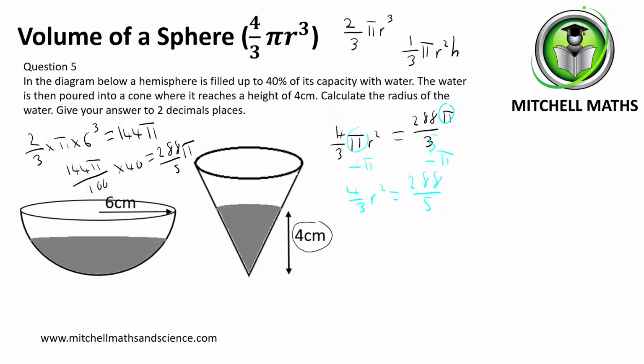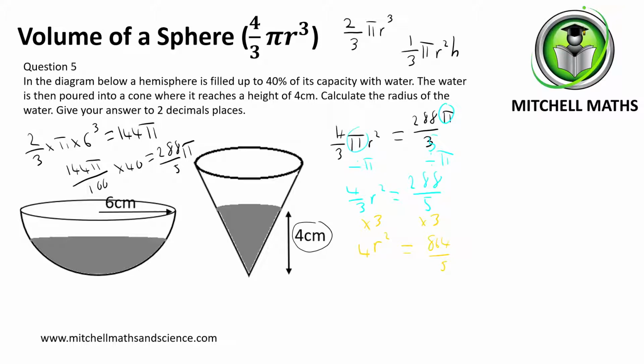Next thing I'm going to do is multiply both sides by 3. And that will give me 4 r squared equals 864 over 5. And then I'm going to divide by 4.